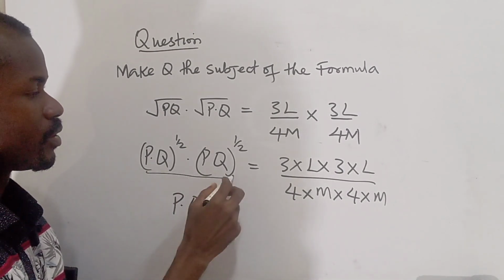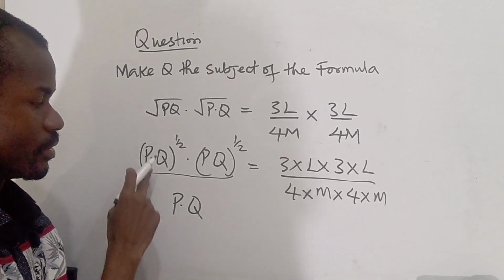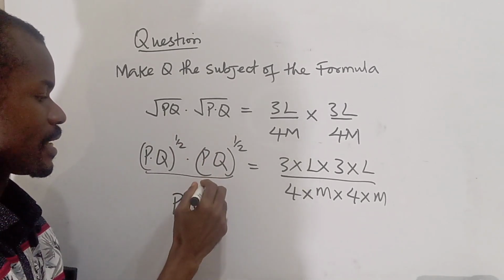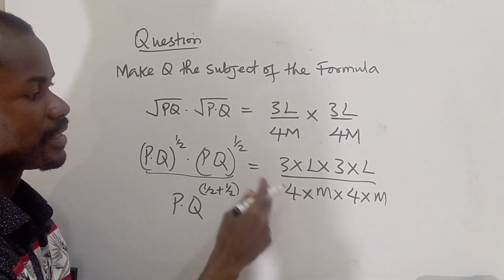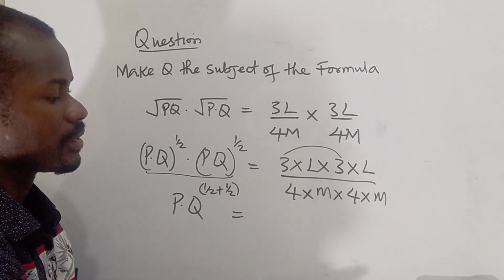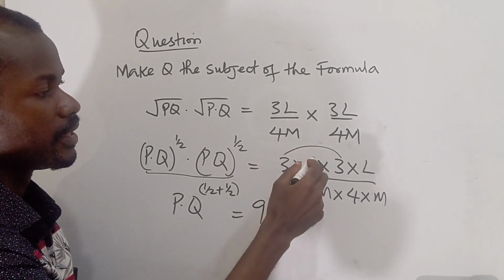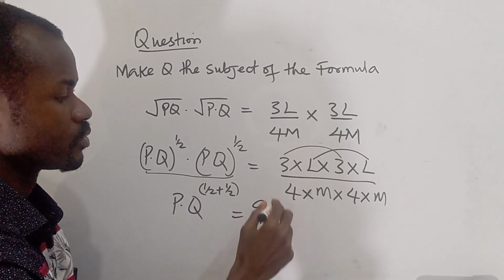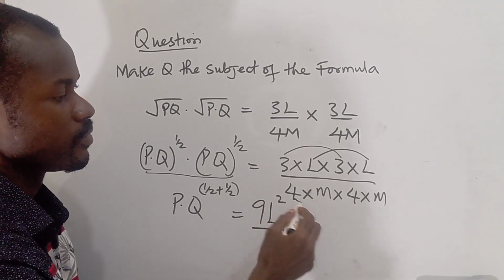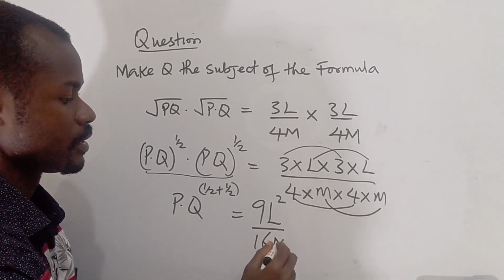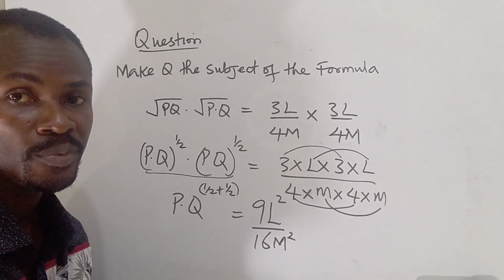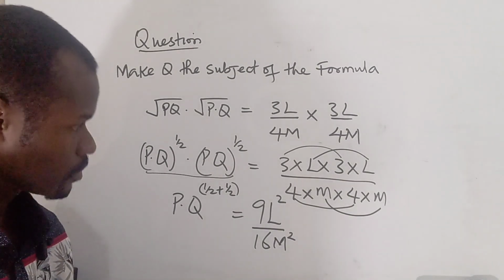If you apply the law of indices, these are the same bases, so the powers can add, so I have half plus half. And this side we have 3 multiplied by 3, which is 9. L multiplied by L is L squared, divided by 4 multiplied by 4 is 16, and M multiplied by M is M squared.